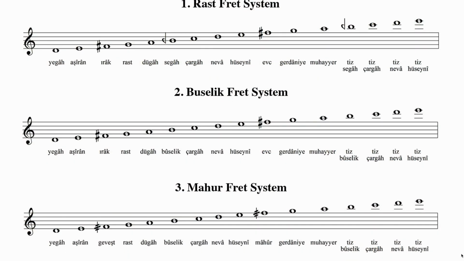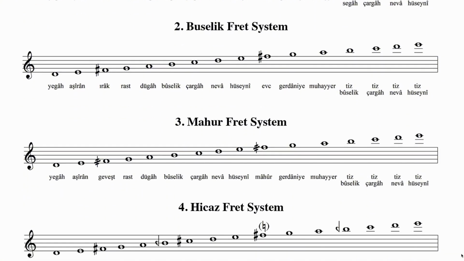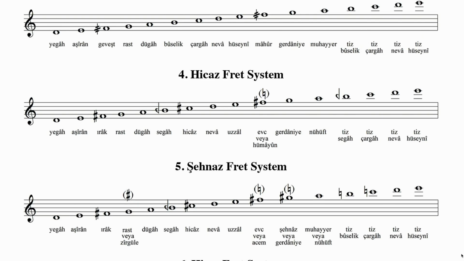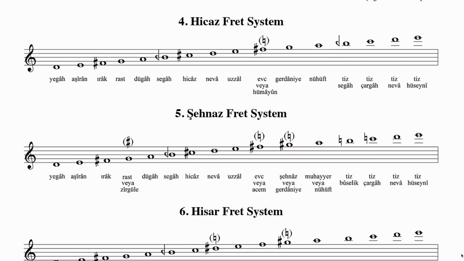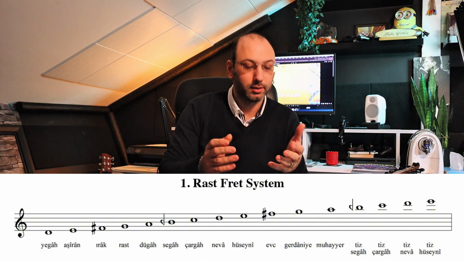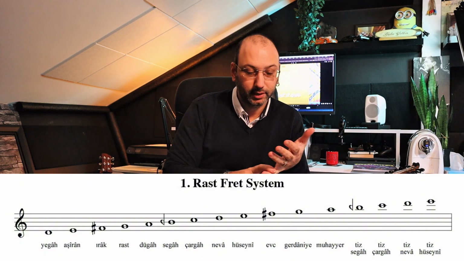As I mentioned before, we accept Rast is the mother of all makams. Some main makams have their own fret systems. Each fret has its own name and every note corresponds to a makam. So let's talk about the fret names on the Rast fret system. Okay, as you can see on the paper screen, we have yega, re.